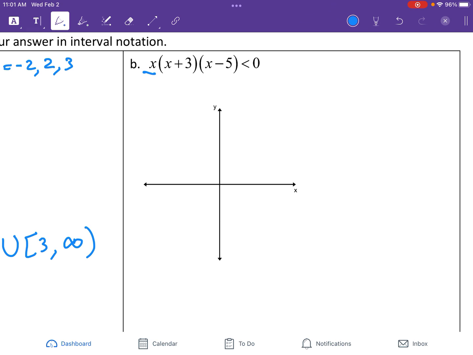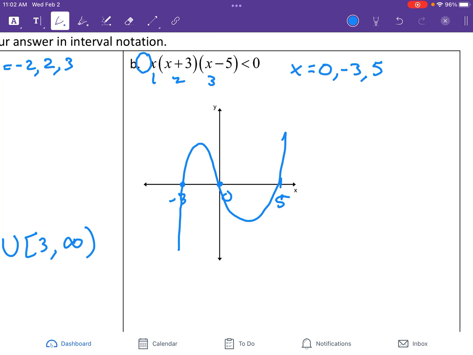This has 3 different terms, 1, 2, and 3. We're going to set each one of those equal to 0 and solve for x. So we have x equals 0, because that's the first one, then negative 3, and then positive 5. Again, because this term is positive, the graph's going to go up.